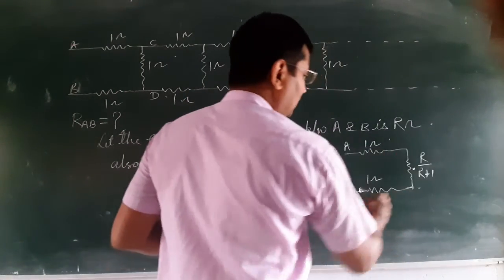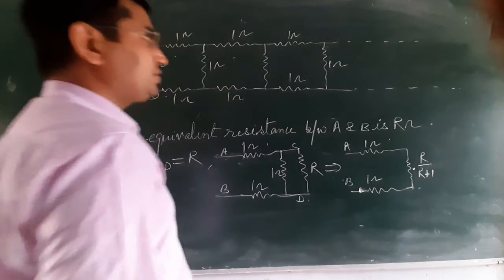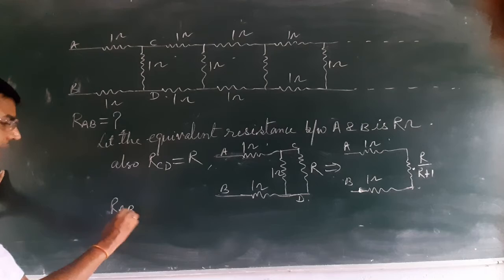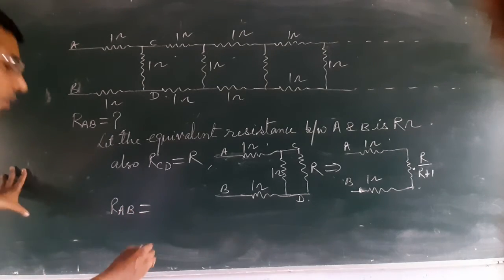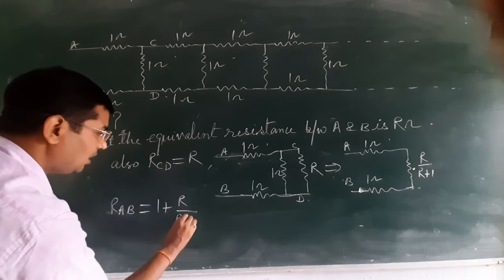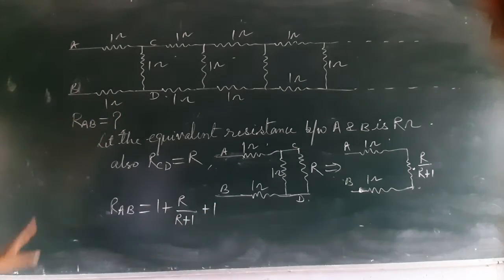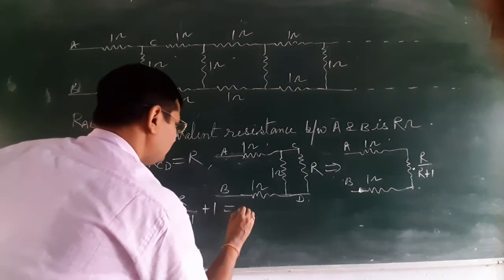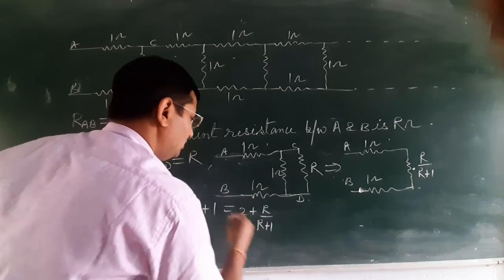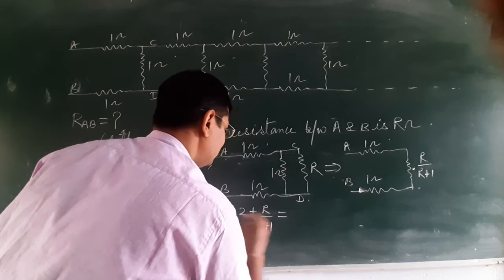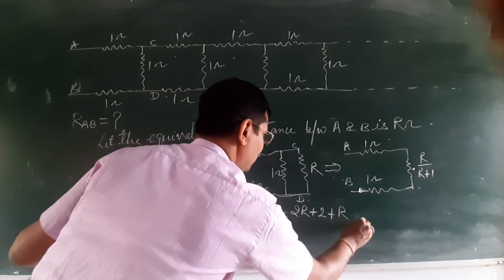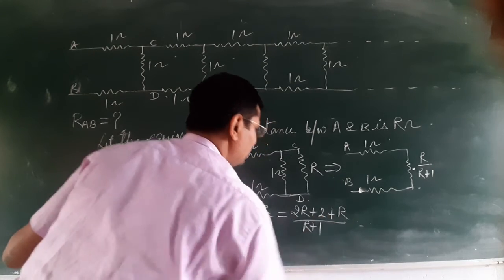So what about the equivalent resistance of this series combination? It can be rewritten as RAB is equal to 1 plus R upon R plus 1 plus 1, means 2 plus R upon R plus 1. This can be solved as 2R plus 2 plus R upon R plus 1.